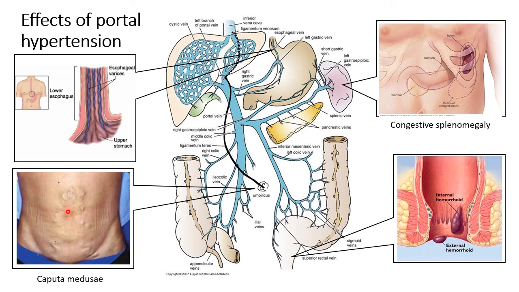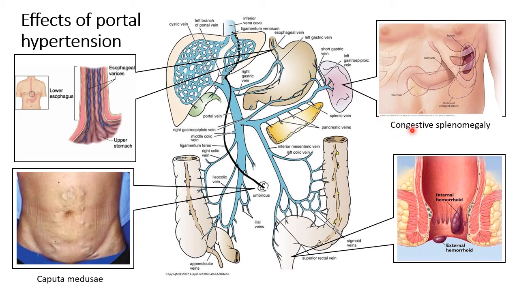There is another condition that can also happen due to portal hypertension. Although there is no site of portosystemic anastomosis in the spleen, it is drained by the splenic vein, which drains into the portal vein, so blood also accumulates in the spleen, and consequently the spleen will get enlarged.